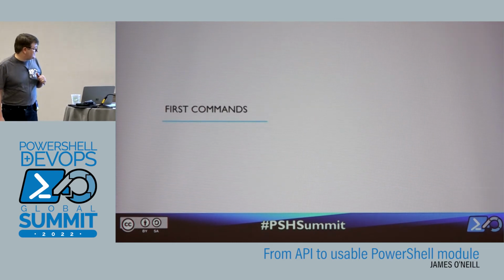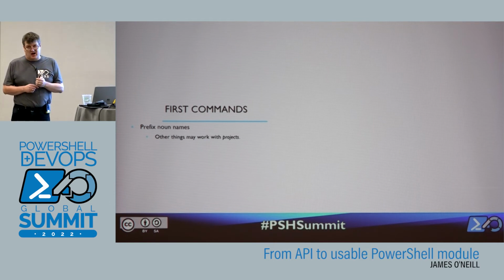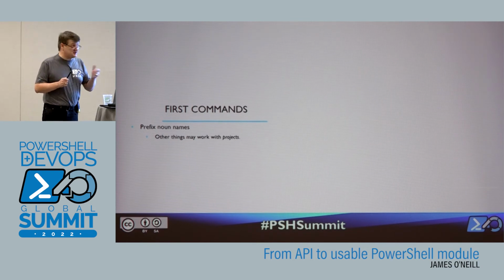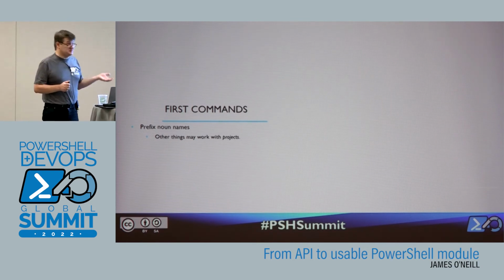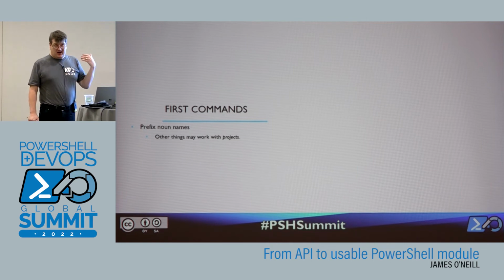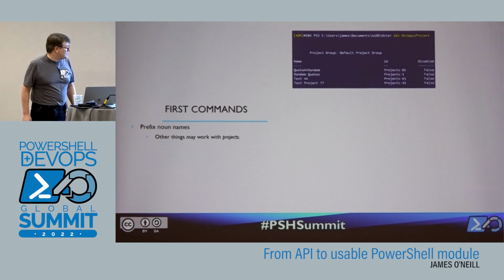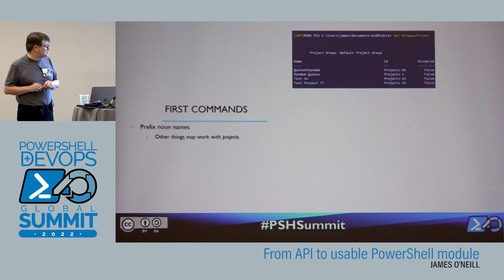So the first commands I created, I'm not a huge fan of prefixing the noun in a verb-noun name with something else, but more or less the first thing I worked with was an ambiguous name. Lots of things work with projects. Octopus Deploy works with projects, so I was going to have to call them Get-Octopus whatever. So the first thing that I created was Get-OctopusProject.